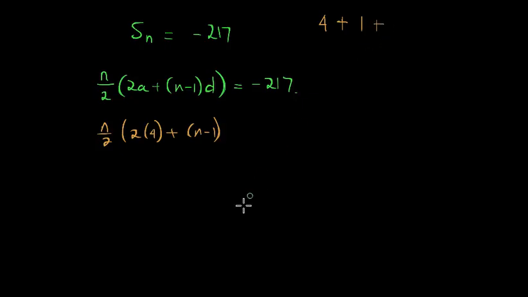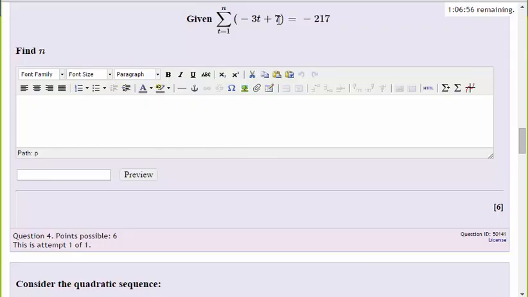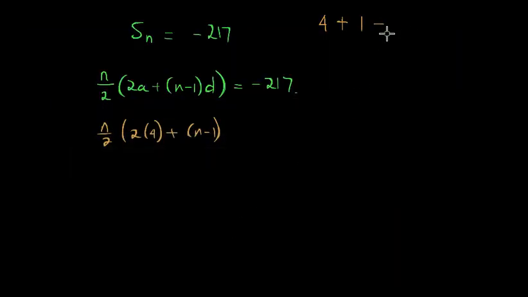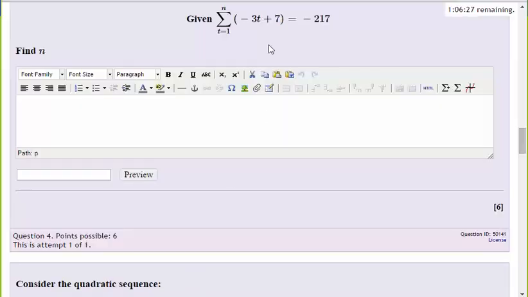My next term, when I put in 3, is negative 9 plus 7, which is negative 2. Now I can find my constant difference. What's the constant difference? 1 minus 4 is negative 3. Yeah, negative 3.